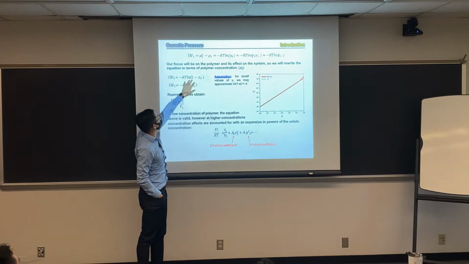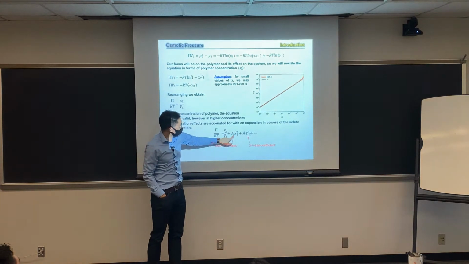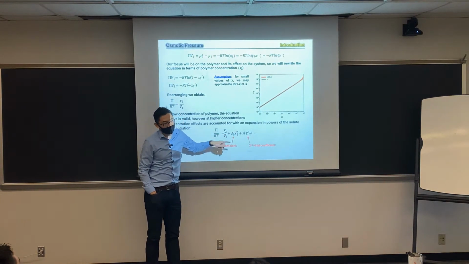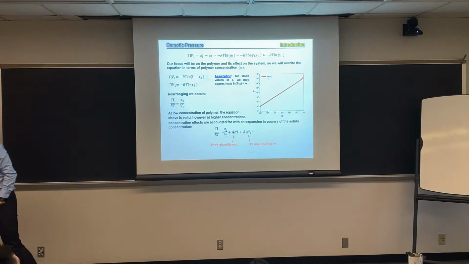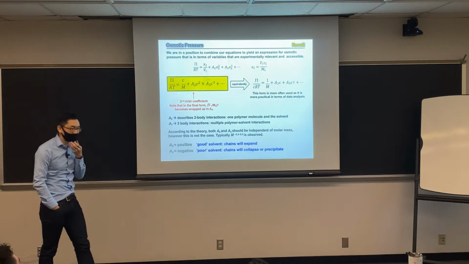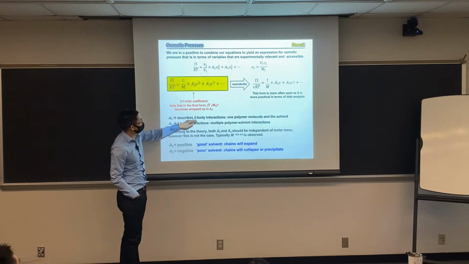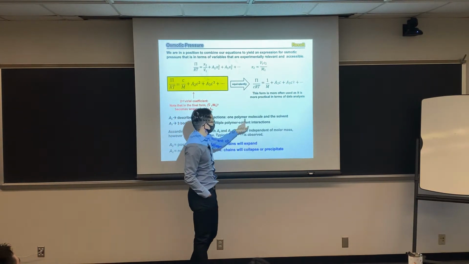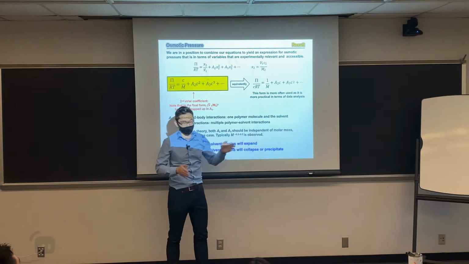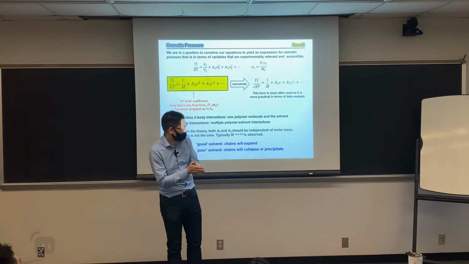When we expand this particular term, the higher order term is basically this one, A2. What is encoded in this beautiful A2 is many parameters. As I mentioned, A2 describes two-body interactions, between polymer molecule and solvent, and describes how this interaction behaves.